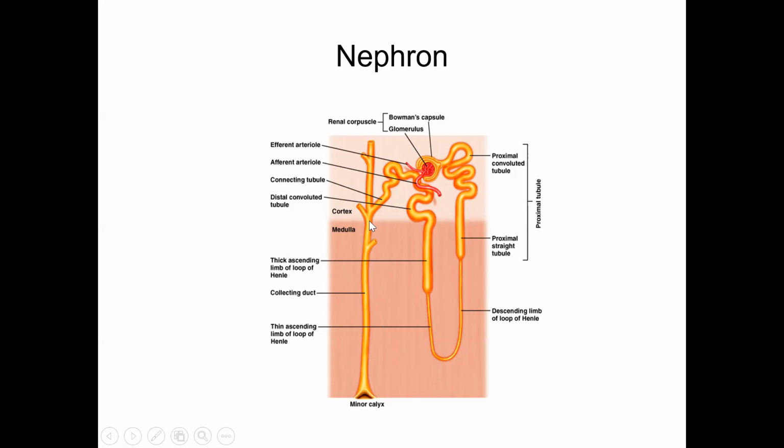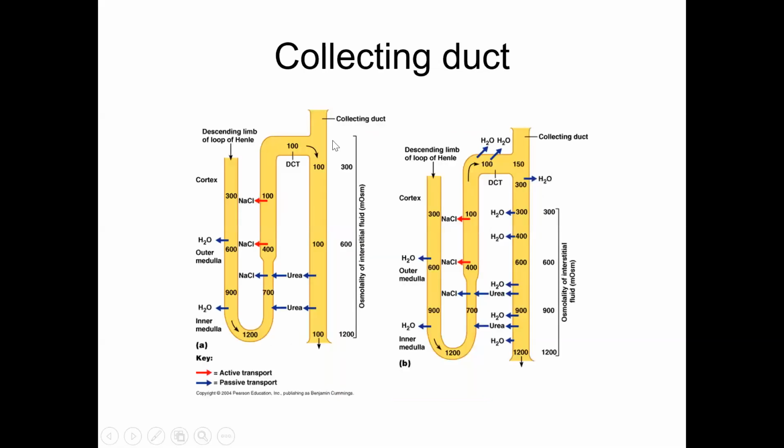The filtrate is traveling in this duct, but in the surroundings of the collecting duct the concentration changes from low to high. This is the loop of Henle, and the filtrate going into the collecting duct is around 100 concentration units.